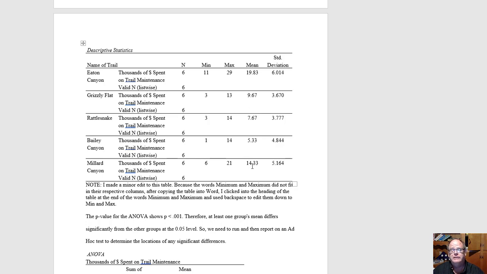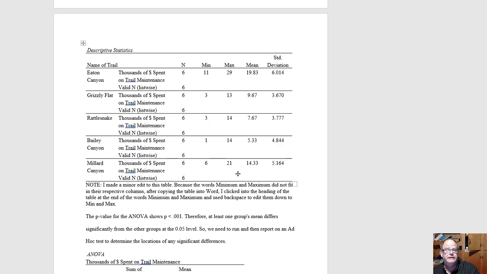So what you can see, just kind of eyeballing it, is that the 2 biggest ones, the first one, the last one, are maybe kind of close together, but then there's maybe a gap down to the other three, which are closer together. And really, this top one here, this Eaton Canyon, is quite a ways from the three lower ones. Okay. So how does it turn out?